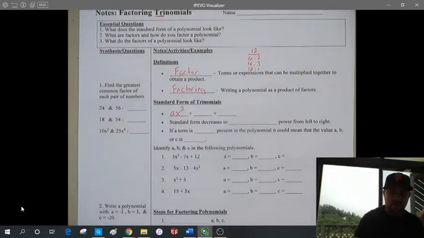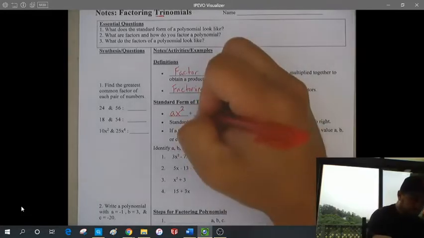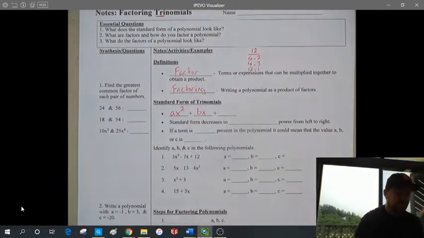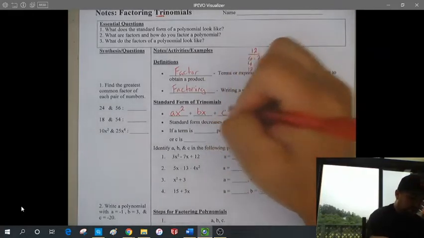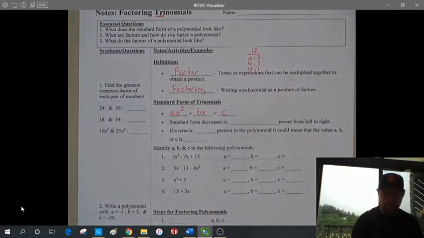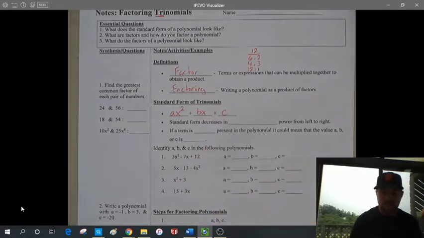We put an a in front of that as its coefficient. The x term goes next, and it's going to have b in front of it as a coefficient. And then we should be left with just a constant, which we'll call c. So ax squared plus bx plus c is our standard form for what a trinomial looks like.